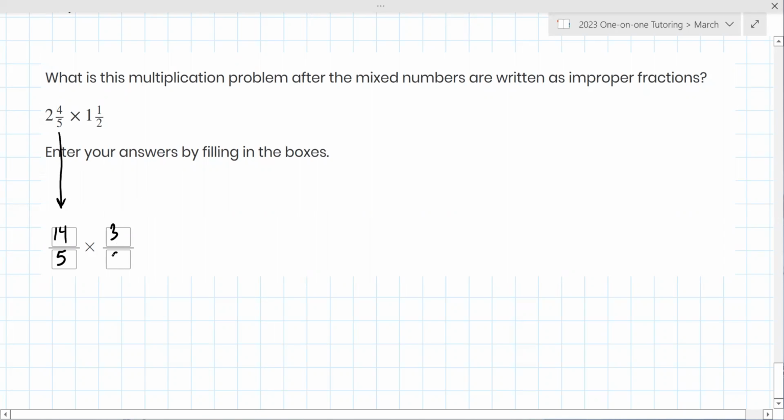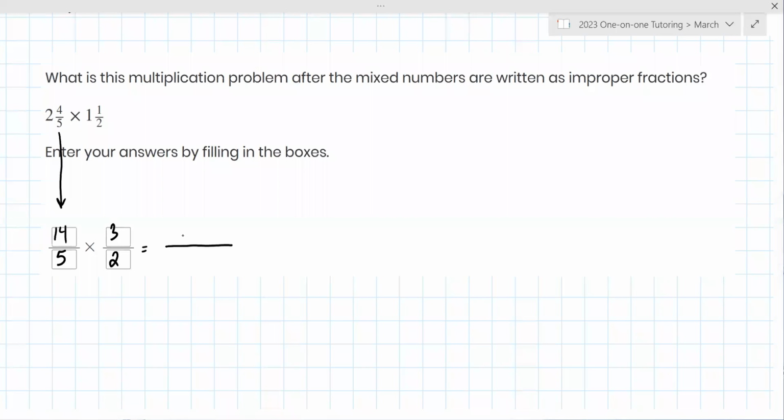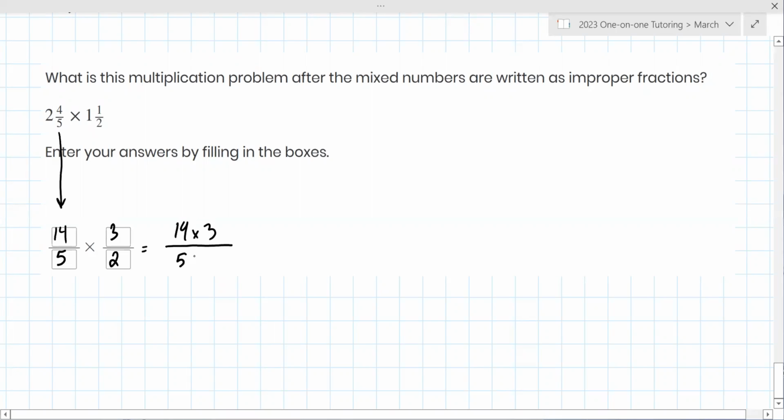And how about the second one? 3/2. Really good. So now you're going to multiply the tops and the bottoms. Okay, so 14 times 3, 5 times 2.